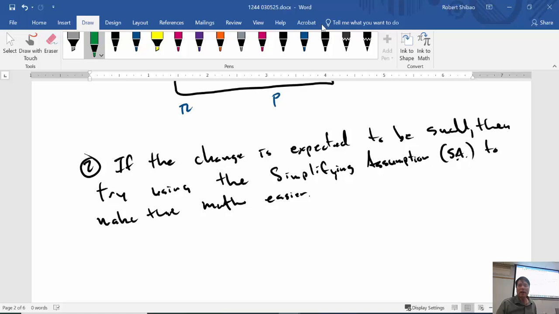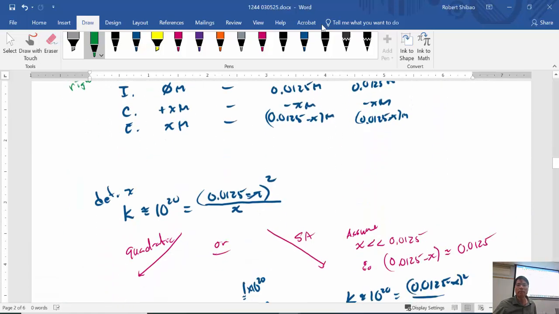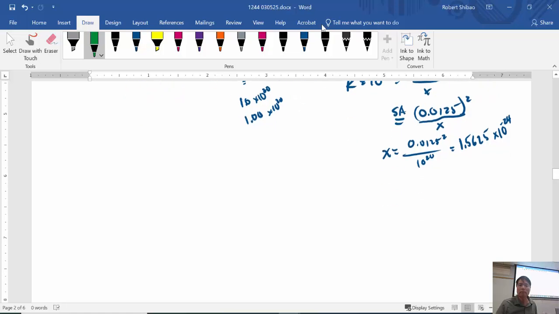The simplifying assumption, SA, is valid if the percent change is less than 5%. The smaller the percent change is, the better.